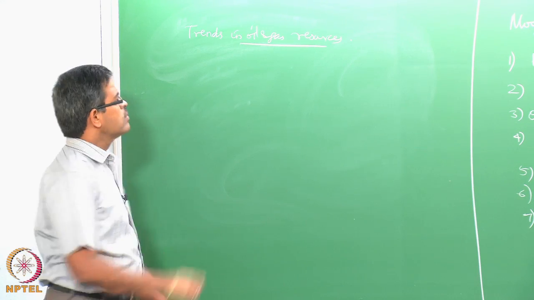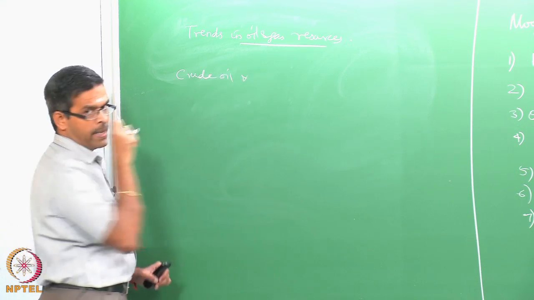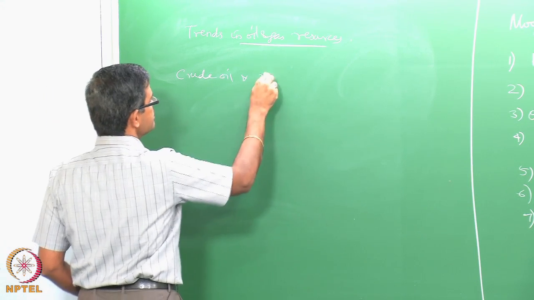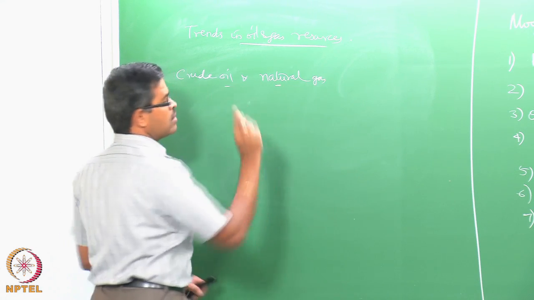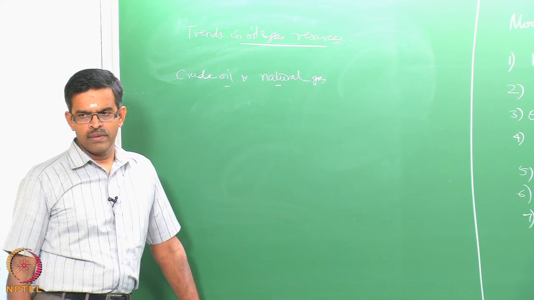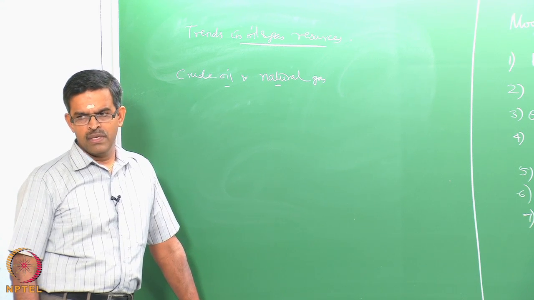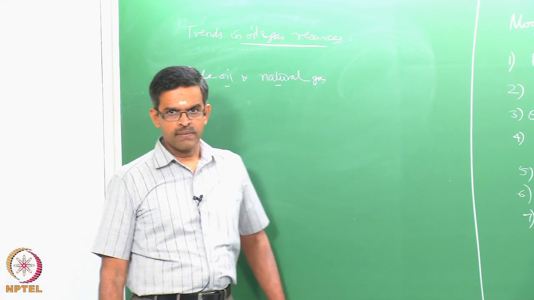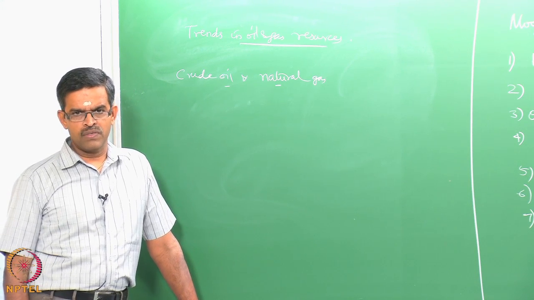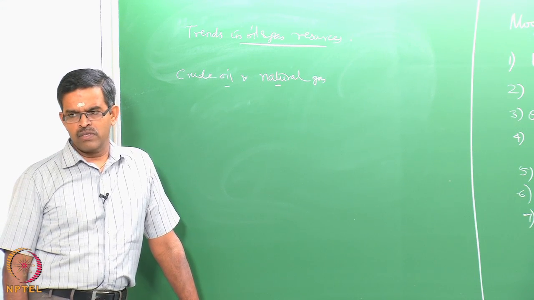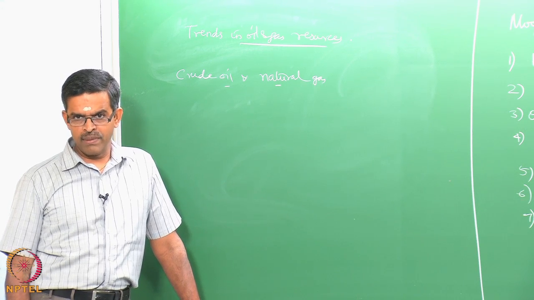We all know crude oil and natural gas. Two things are playing a major role in contributing to the total energy produced in the world. This is still increasing due to the high demand and the increased consumption of this energy. So, their historical development is remarkable in terms of high dynamics.